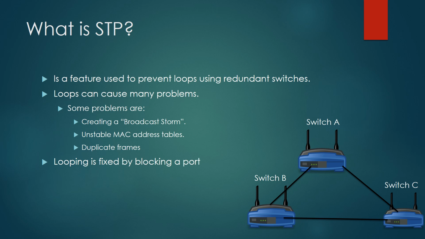And also, it could duplicate frames. For example, switch A could send a frame to switch B and C, and then switch B will send that same frame to switch C, so switch C will get two different frames. Looping is also fixed by blocking a port, which we'll get into a little bit later on.